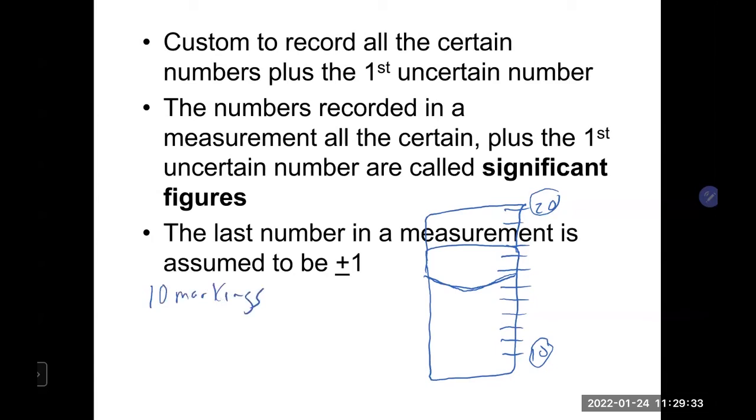That means each small marking is how much? These are milliliters, so each small marking is 1 milliliter. This would be 11, 12, 13, 14, 15, 16, 17, 18, 19, and 20 going all the way up.